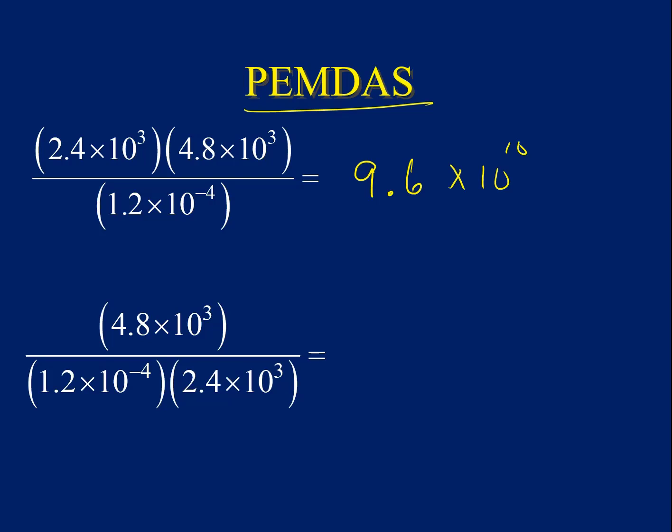Now, there's a quick check that you can do to make sure you haven't made a silly mistake and divided where you're supposed to multiply. Remember that with exponents, you add exponents when you multiply and you subtract when you divide, right? So 3 plus 3 is 6. Minus a negative 4 is 10.